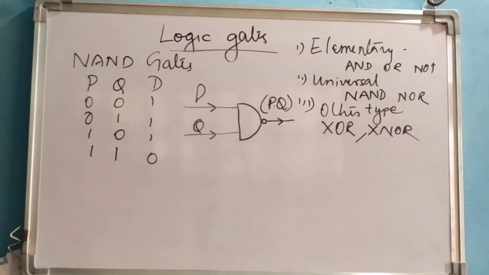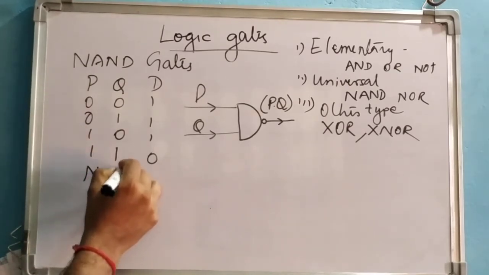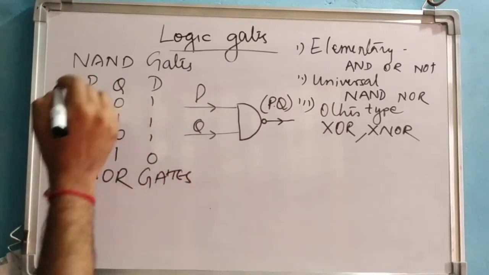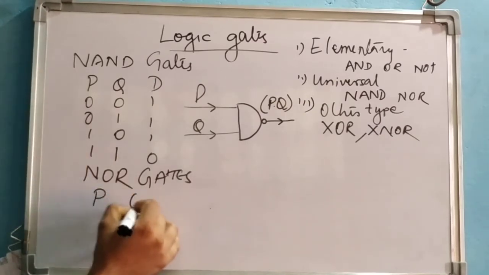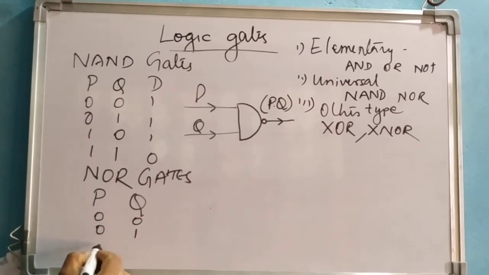Now let us come to another symbol, that is NOR, not OR. As the name suggests, NOR means the opposite of the OR gate. So the same truth table will be there. Two inputs are there. The truth table will be 0, false, false, false, true, true, false, and both are true.